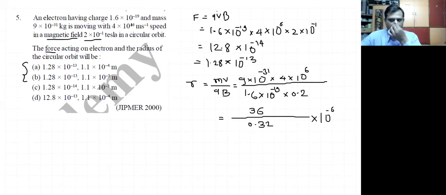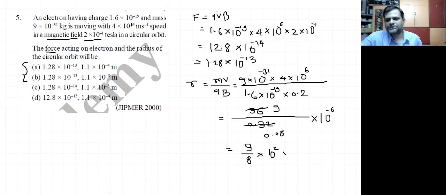Okay, so if we cancel out by using this 4, the 4 9s are 36, and here the 4 0.08s are 0.32, which can be written as 9 by 8 into 10 raised to 2.